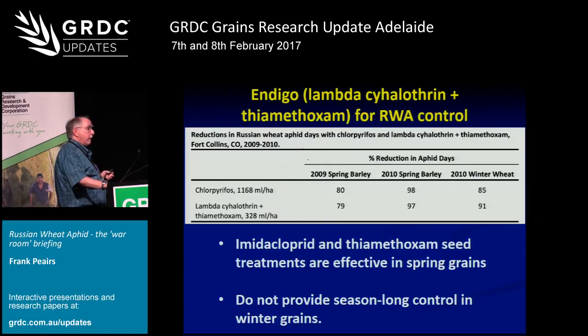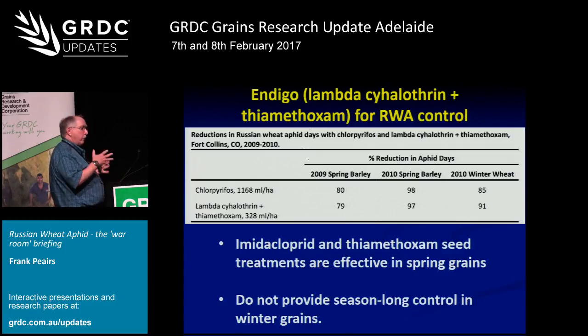In spring grains, I don't have a lot of data, but certainly my practical experience, and we use seed treatments a lot in research situations, is that the neonicotinoids are quite effective in spring grains and should be able to provide fairly close to season-long control.